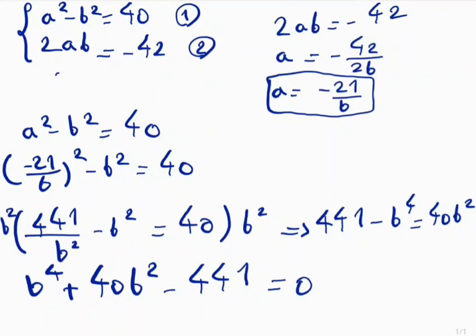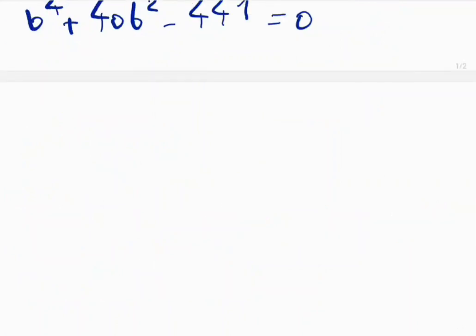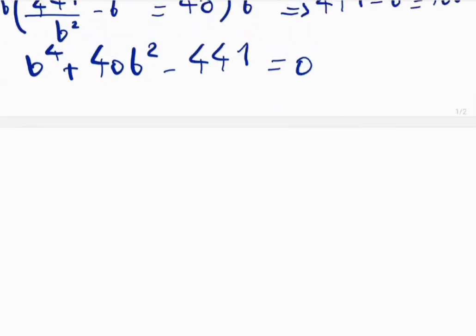Of course, you have different ways of solving this equation, but one of the easier ways is just factorizing. If you want to factorize this, minus 9 and 49 are going to satisfy the conditions, because 49 minus 9 is 40, which gives us the coefficient of b squared.